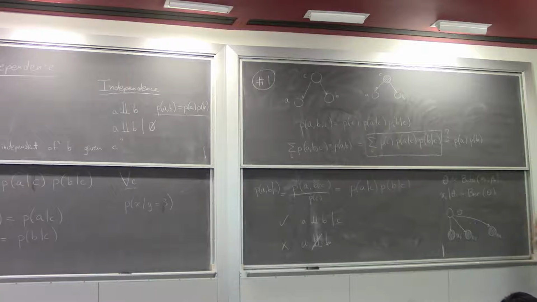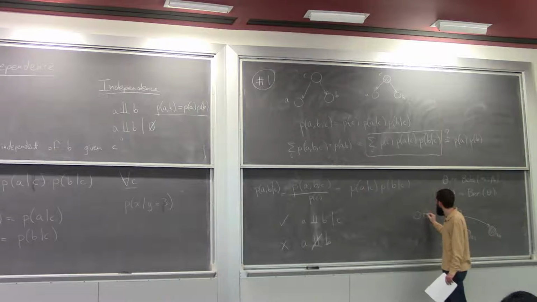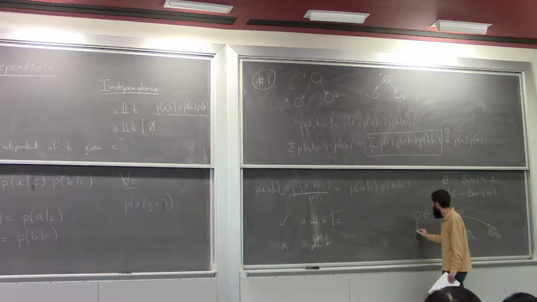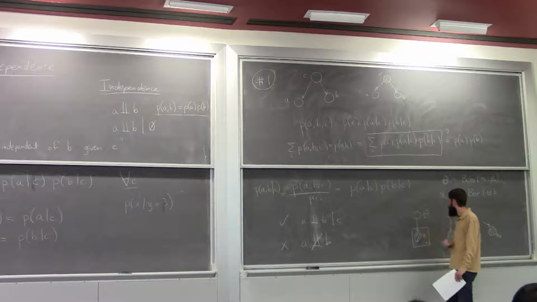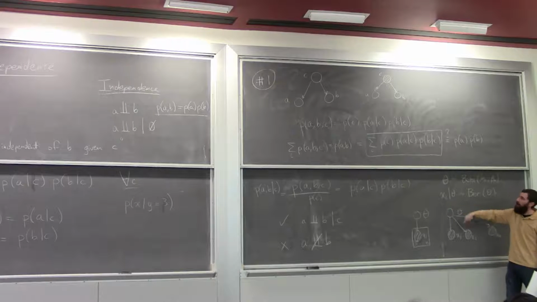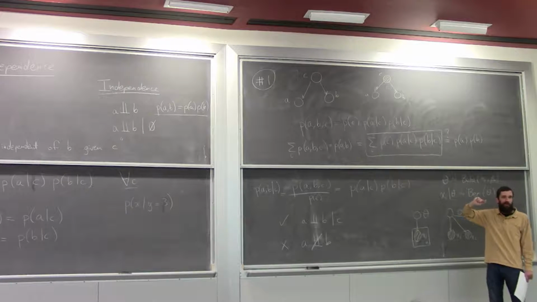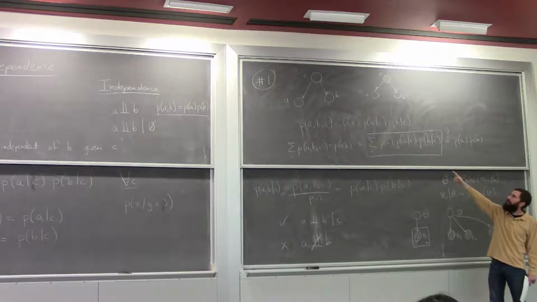I have n of data points, which, remember, I can draw with plate notation to simplify. It would look like this, and it repeats. Now notice, with 2 data points, it's exactly this graph.